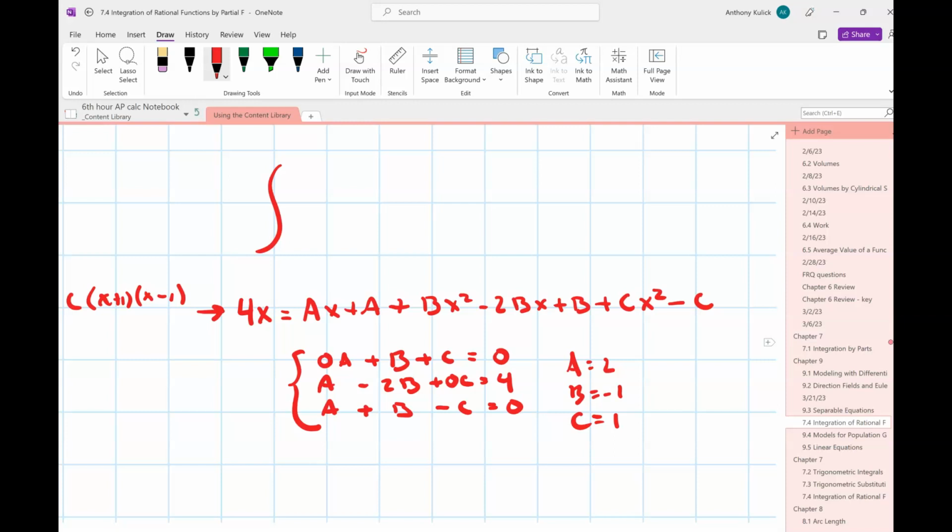So if I go back to my integral, I have x plus 2 plus 2 over x minus 1 squared plus -1 over x plus 1 plus 1 over x minus 1. Remember, where did the x plus 2 come from?